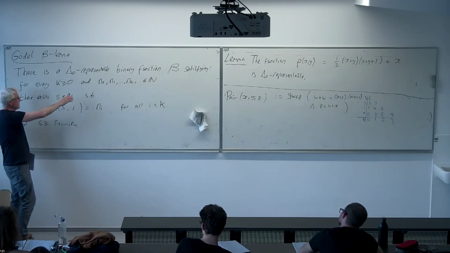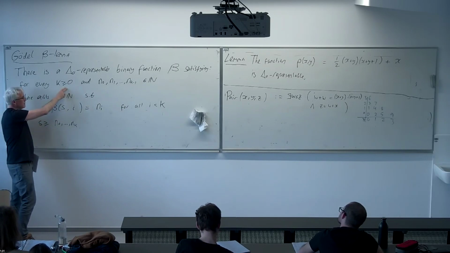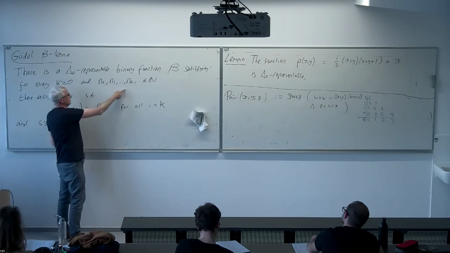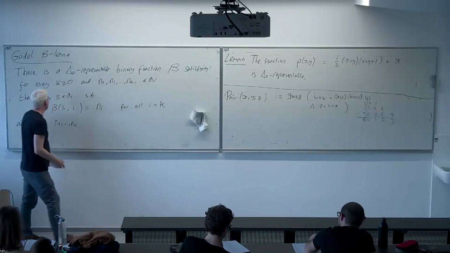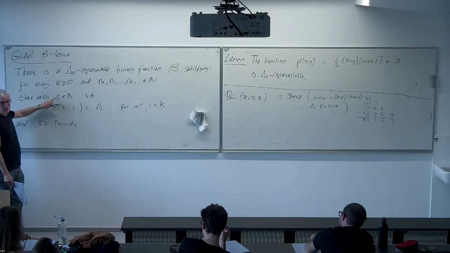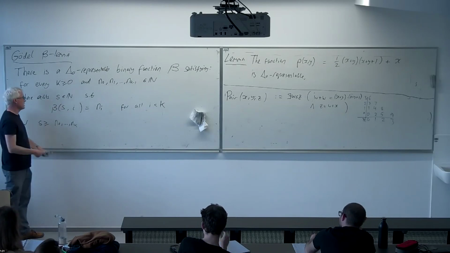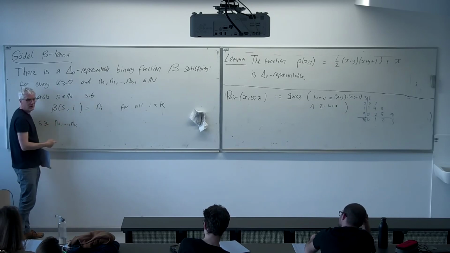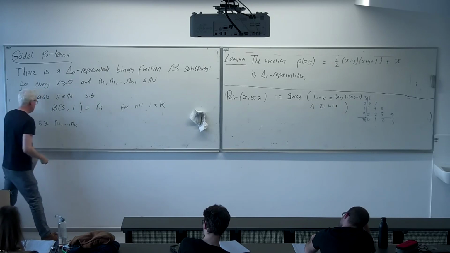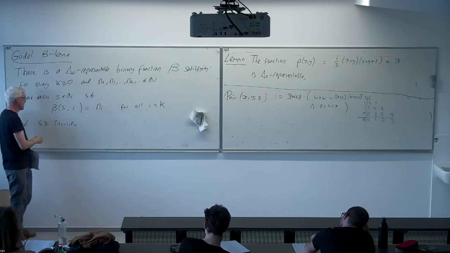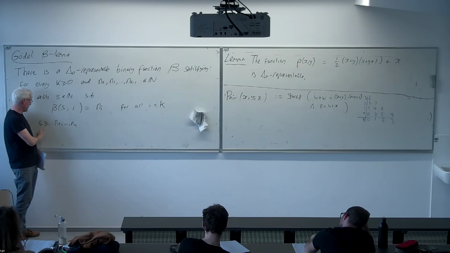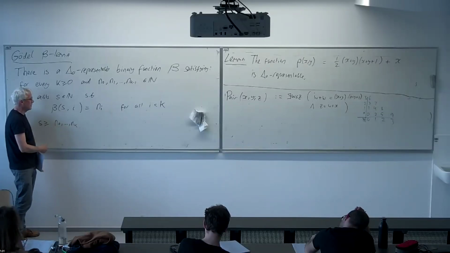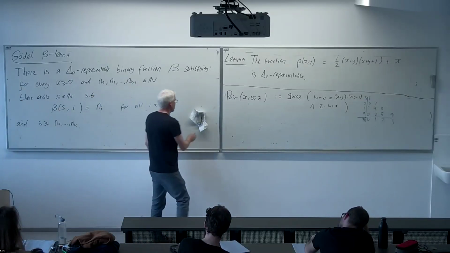So the property of beta is for any length of a sequence, k, and for any sequence of that length, there exists some number s, the code for the sequence, such that beta, if given s and a position in the sequence as arguments, will return the number in that position from the sequence. And moreover, the code for a sequence, this is going to be useful, is always at least as large as all the numbers in the sequence. Okay.